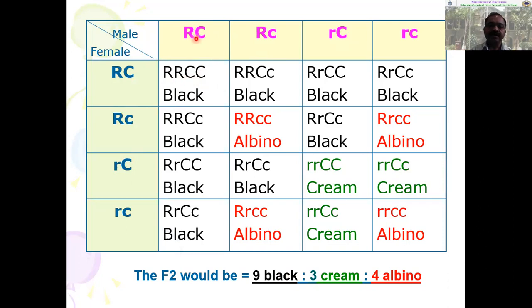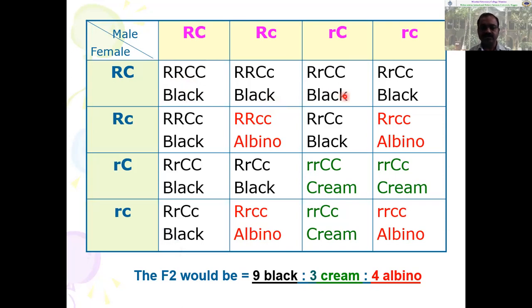So here, capital R, capital C, capital C. If you look at all the boxes with the black phenotype, you will find that at least one allele of each pair is dominant, capital R and capital C. Whenever this combination is there, the phenotype will be black.